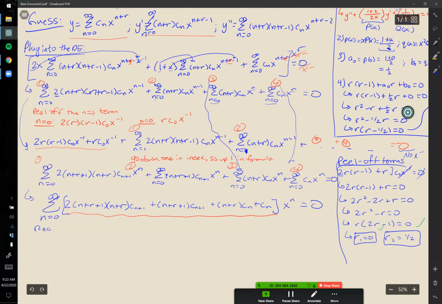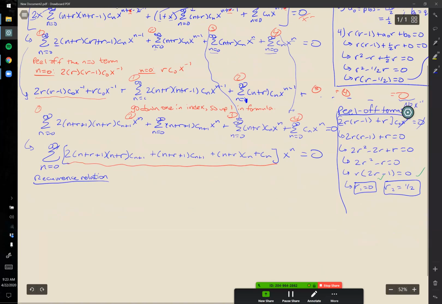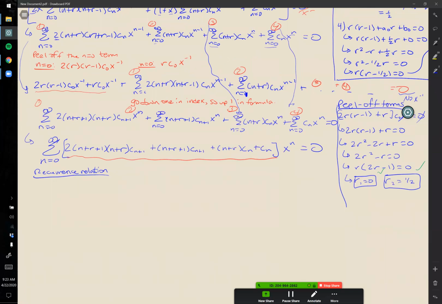So, recurrence relation time. I'm going to do some algebra because I noticed that they share a lot of stuff. For instance, they both have the Cn plus 1 right here. So if I factor that out, I'd have 2 times n plus r plus 1 times n plus r plus n plus r plus 1, all that times Cn plus 1.